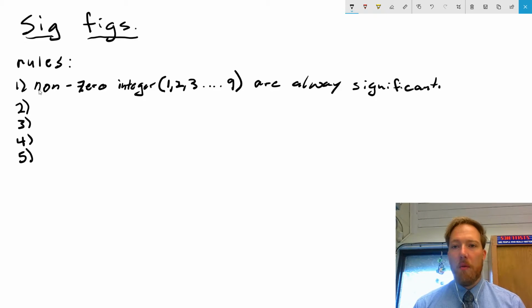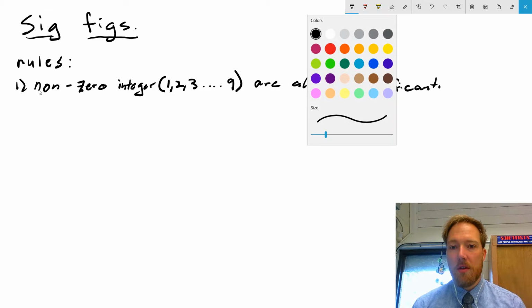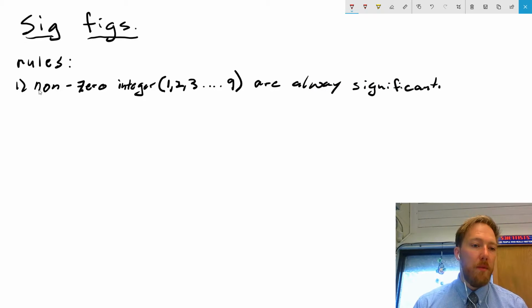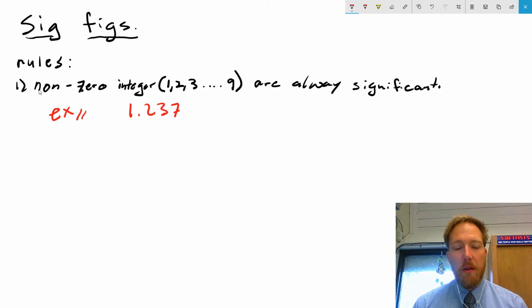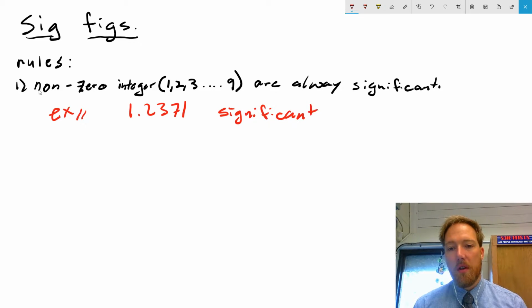So an example of number 1. There are 5 rules, but we'll do one at a time. Here's my example. If I had a number like 1.237, the number of significant figures here, and significant figures, if you haven't watched the other videos, are numbers that are significant.